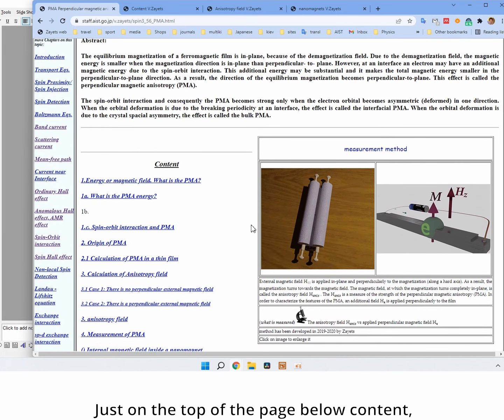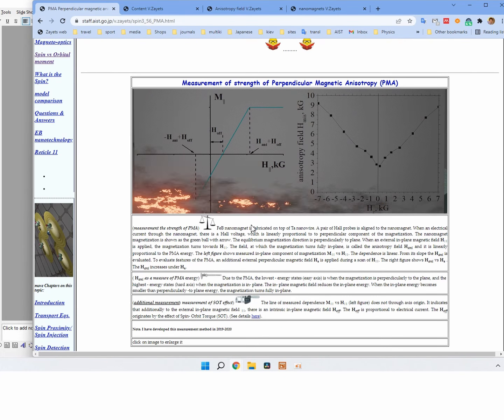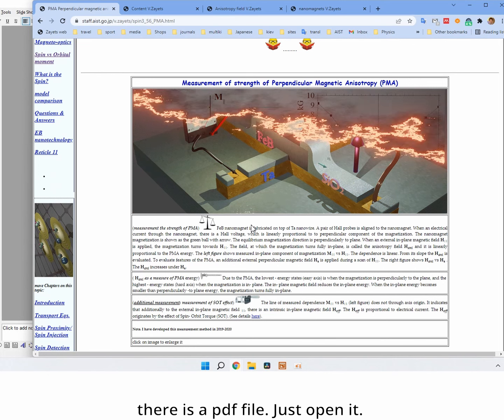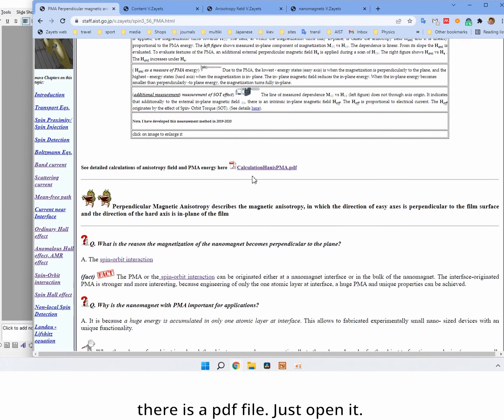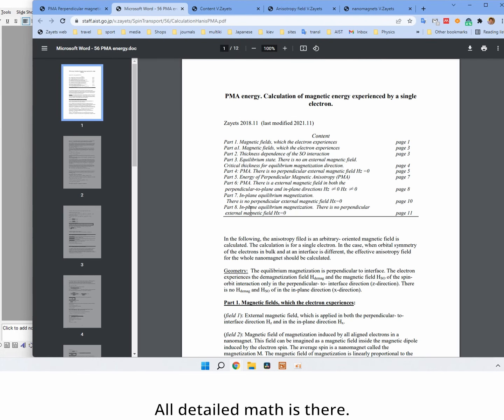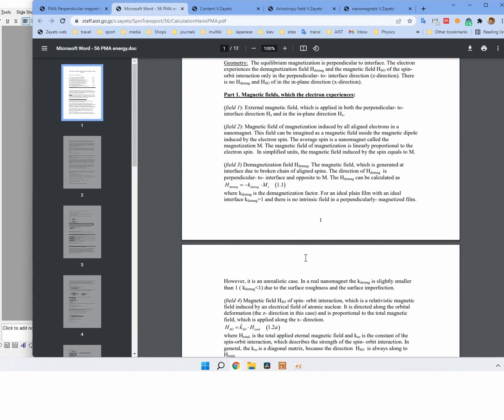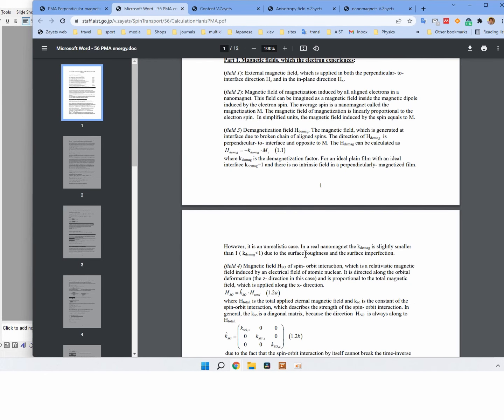Just on the top of the page, below content, there is a PDF file. Just open it. All detailed math is in there. The math is rather simple and straightforward.